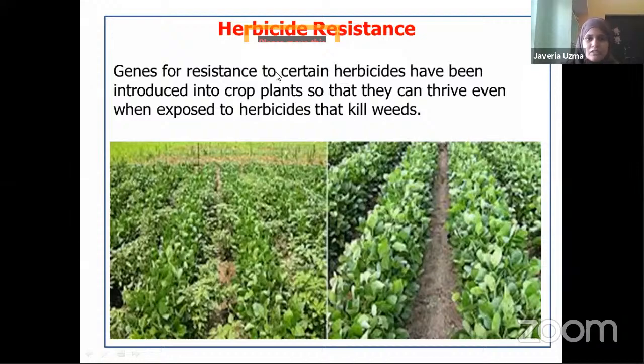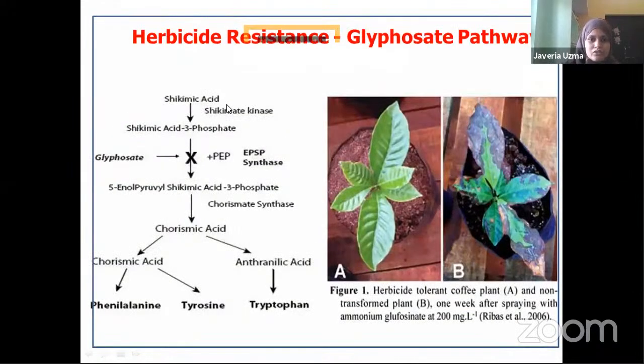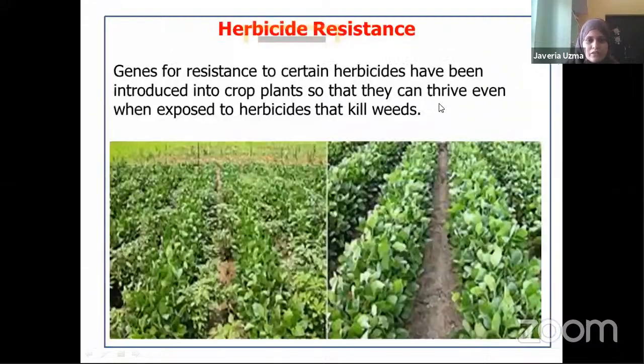So genes for resistance to certain herbicides have been introduced into crop plants so that they can thrive even when exposed to herbicides that kill weeds. When you expose these plants to herbicides, they will not get killed, but only the unwanted plants get killed. This is one of the most important applications of transgenics, where you can introduce genes which give herbicide resistance.